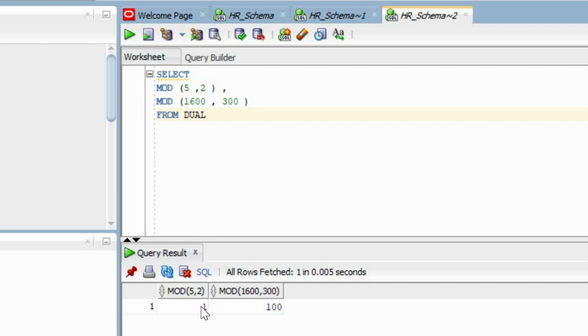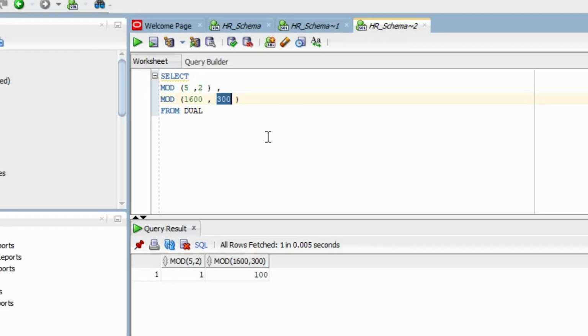This result is the remainder of the division 5 by 2, which means 5 contains this number 2 two times, and the remaining amount is 1. The same here, this 1600 includes this 300 five times, and the remaining amount is 100.